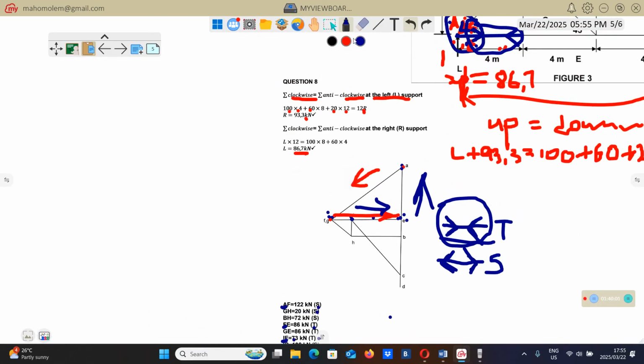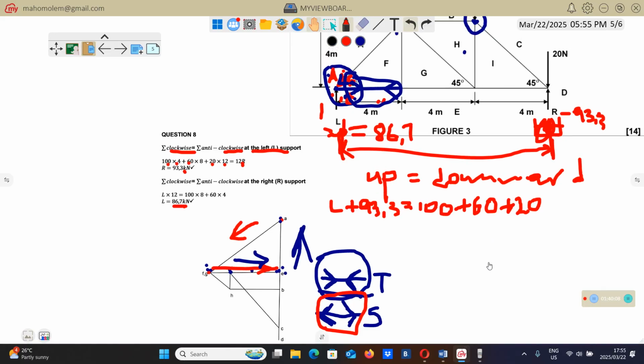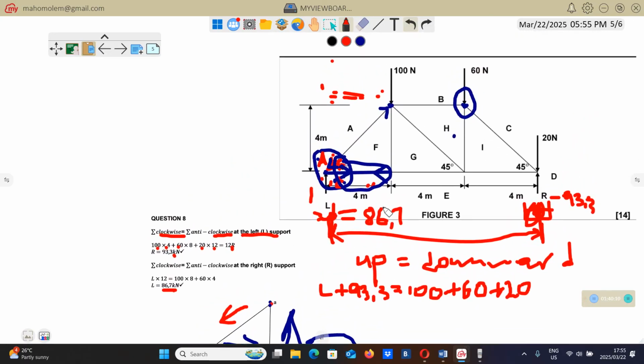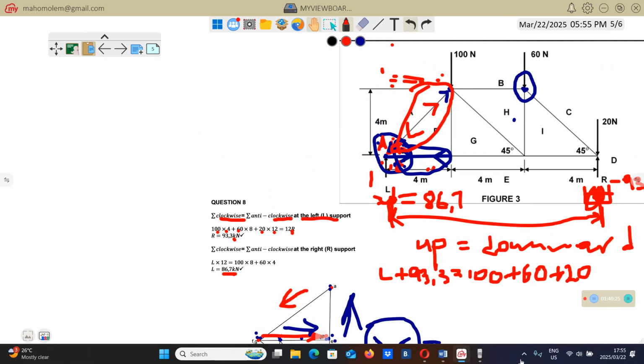Then if the arrows are like this, which is this member here, the other one is going up, the other one is going down. So if the arrows are like this, we're going to have a strut.